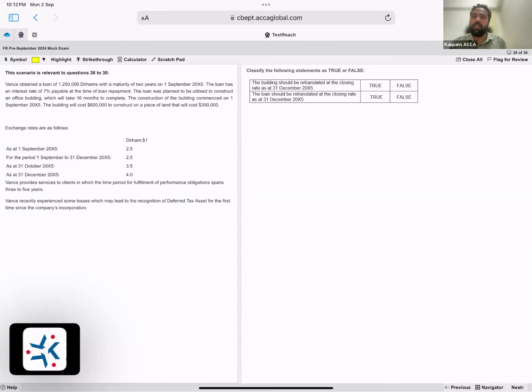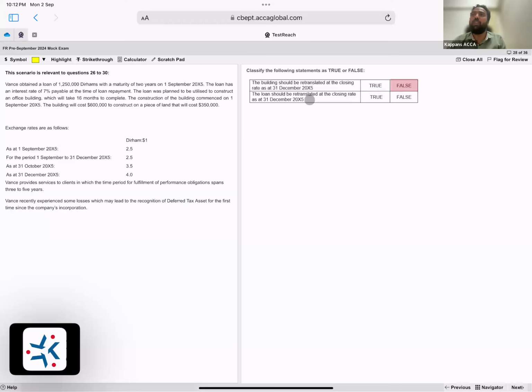A non-monetary item, if it is shown at cost model, will be retranslated at the rate on the date of transaction. If it is being shown at revaluation model, it will be retranslated at the date of revaluation. A non-monetary item is not retranslated at closing rate, so that is false.